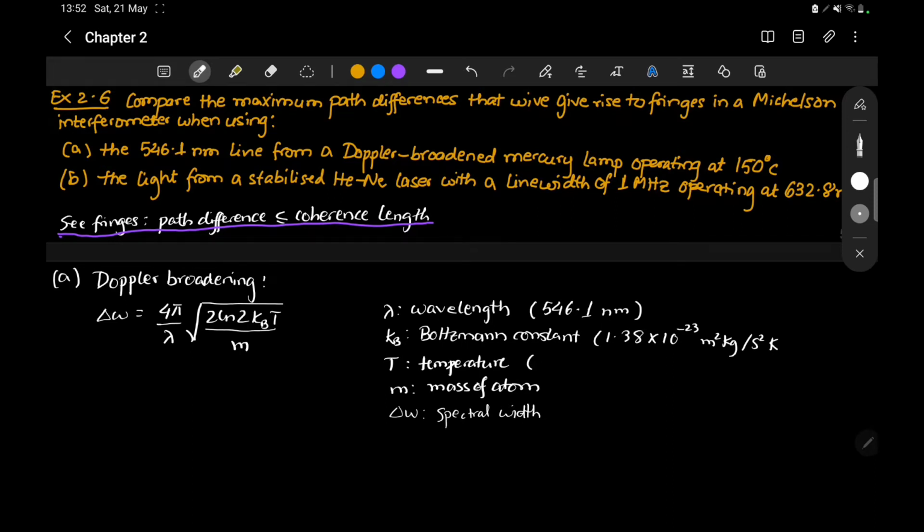Temperature is 150 degrees Celsius, but we want temperature in Kelvin. So for temperature in Kelvin, we add 273. So temperature in Kelvin is 150 plus 273 Kelvin, which is nothing but 423 Kelvin.